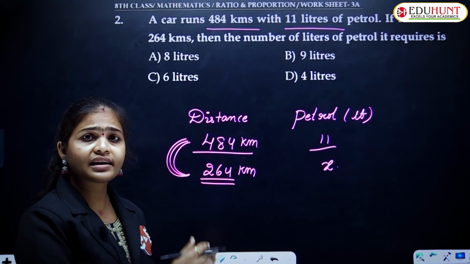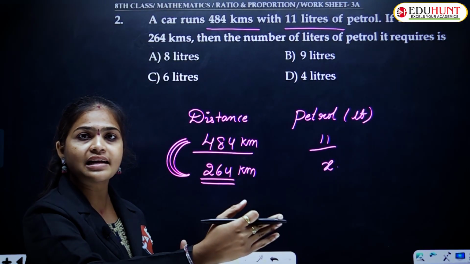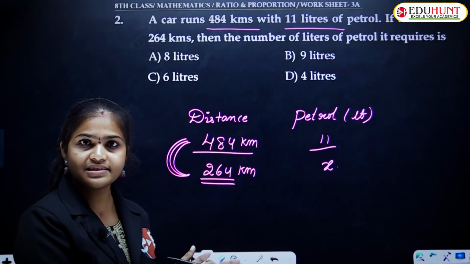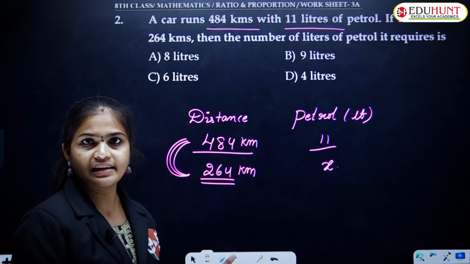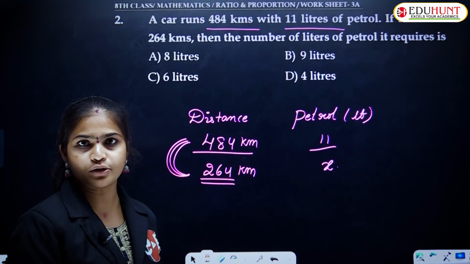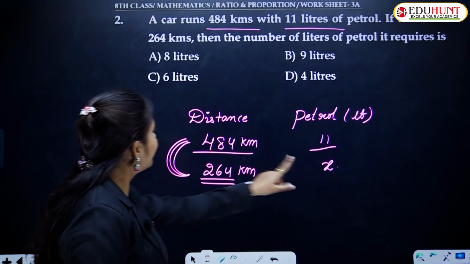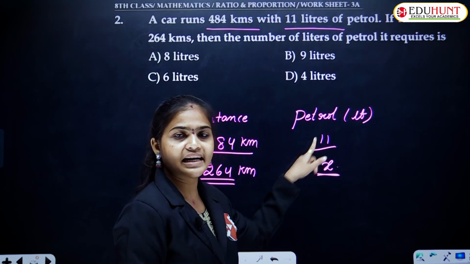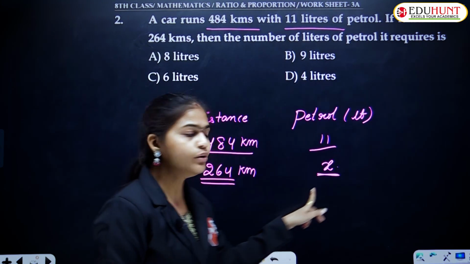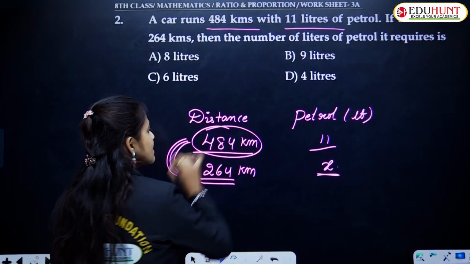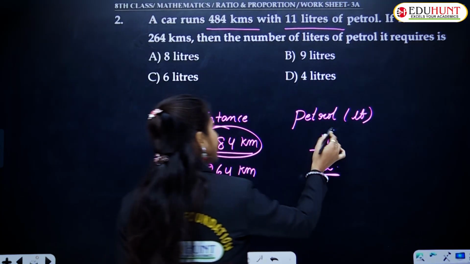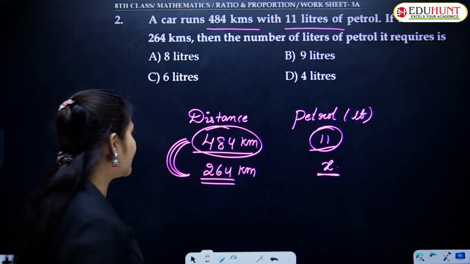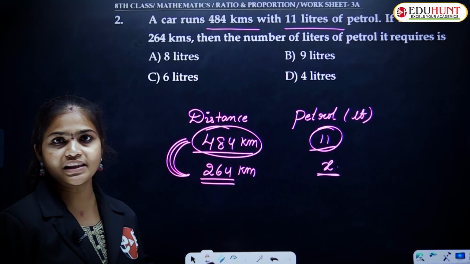Which means if a car covers more distance, it uses more liters of petrol, and if it covers less distance, it consumes fewer liters. So the value will be less than 11, because the highest value is 484, so 11 is the highest one. Why? Because x and y are in proportion. So we can apply the proportion method here also.